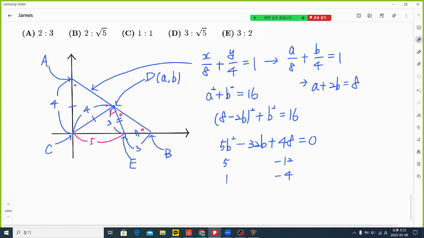So this means b is 12 divided by 5. 4 doesn't make sense because b's maximum value is 4.